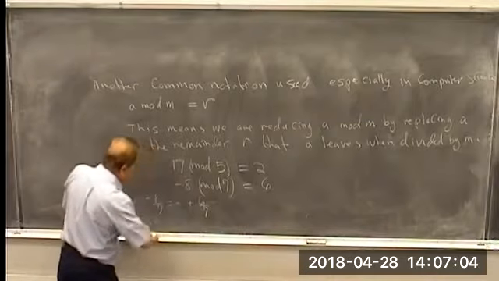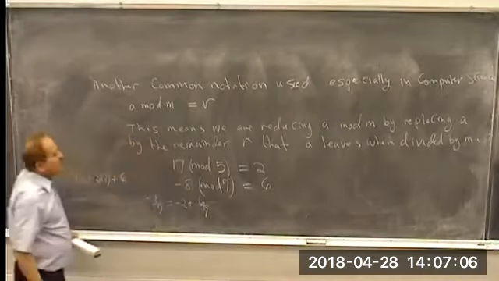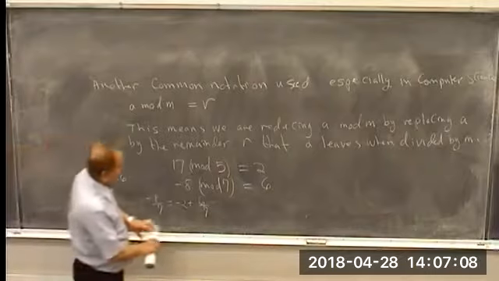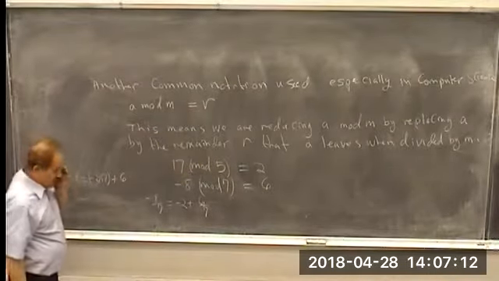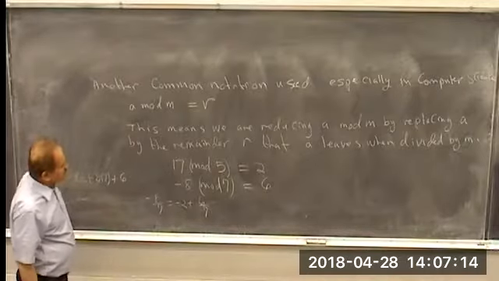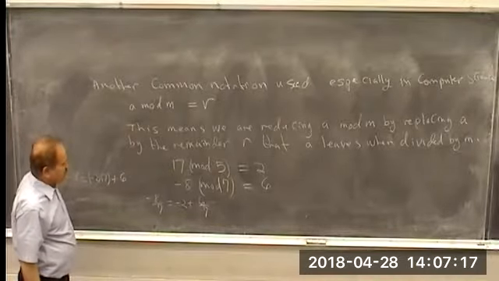So this is actually the least non-negative remainder when we divide negative 8 by 7.